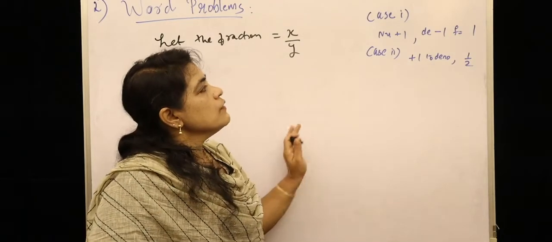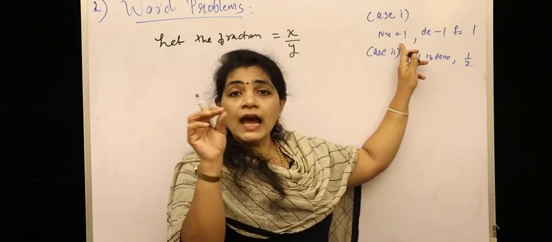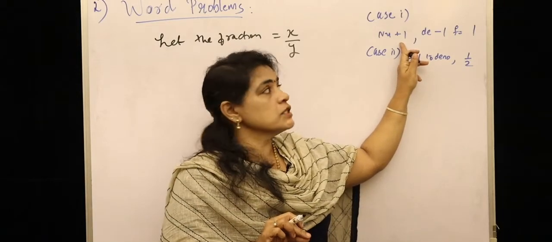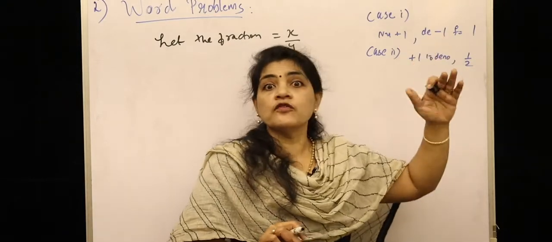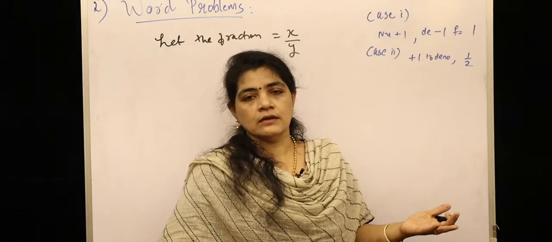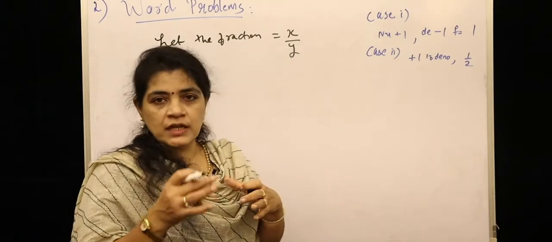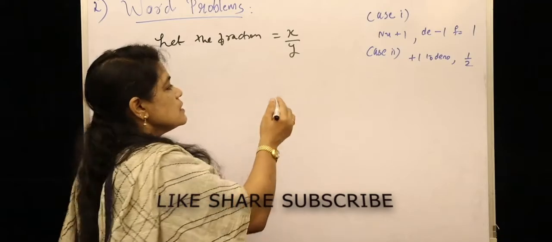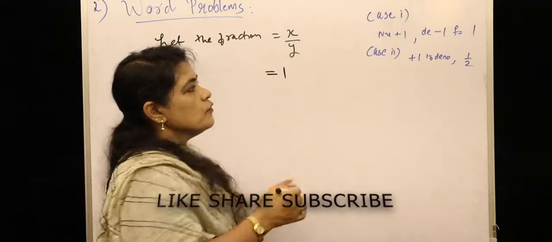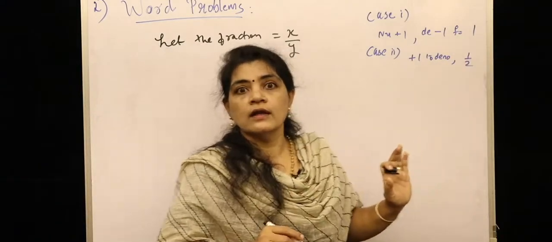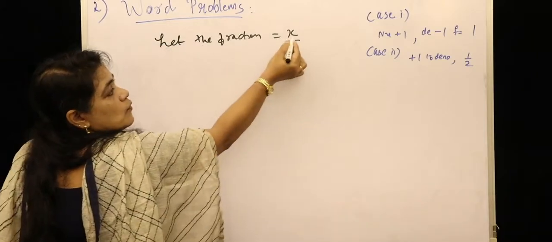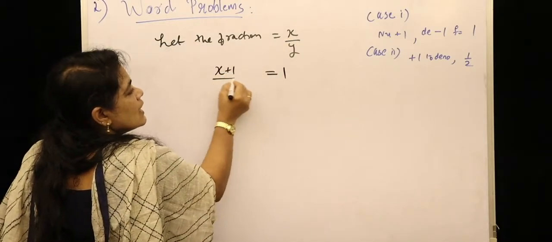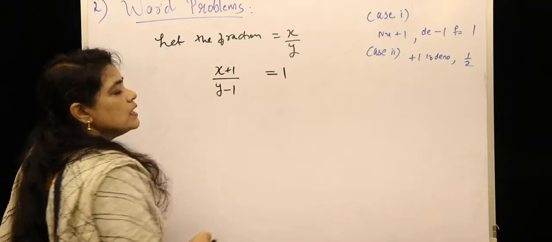Understood? So children, in the first case we are adding 1 to the numerator and subtracting 1 from the denominator. After doing these changes, that fraction reduces to 1.